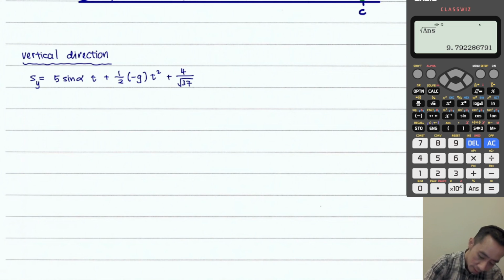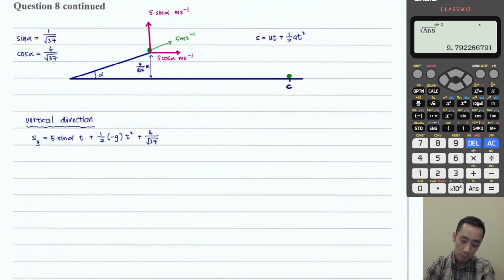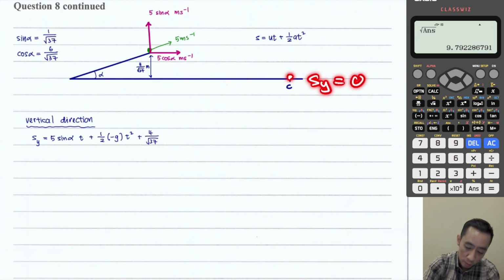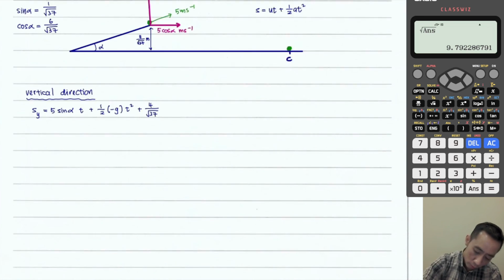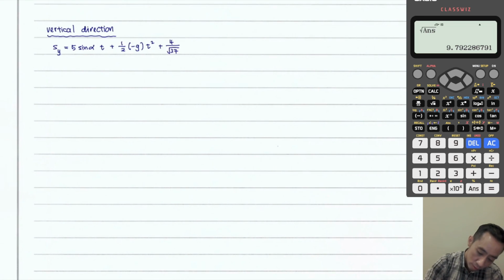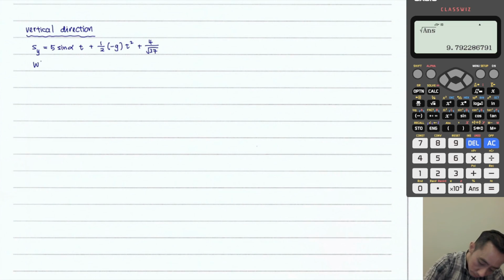This is the vertical direction for y, and this is the formula that I'm going to use. Now what I want to solve is when it hits the ground. When it hits the ground, Sy will be equal to 0.